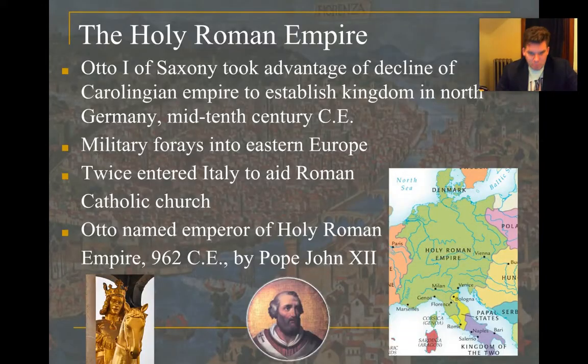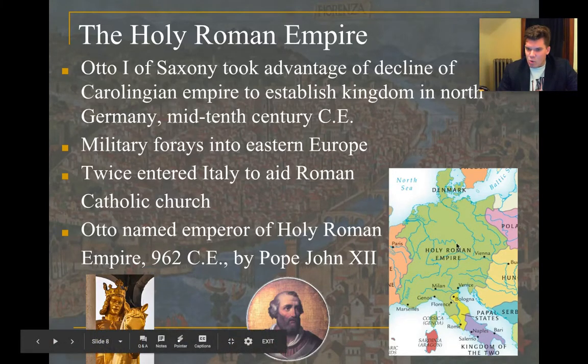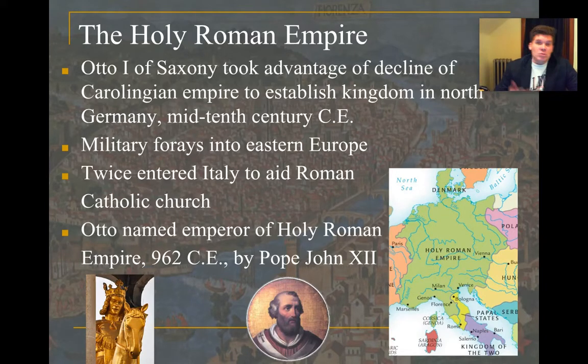So starting with the Holy Roman Empire, the Holy Roman Empire started as Otto I of Saxony, which is, I believe, kind of down here, took advantage of the Carolingian Empire, which was from France, which was sort of the last great attempt to reestablish a large empire in Western Europe in the wake of the fall of the Roman Empire.